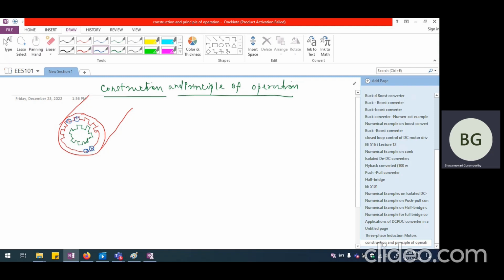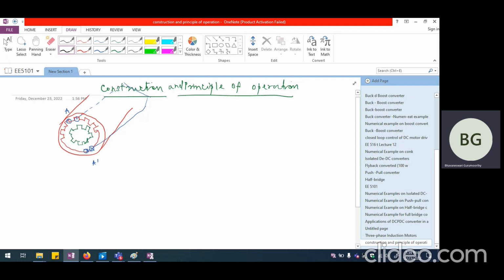You can imagine that the conductor goes like this, turns around, and comes back through this cross. Like this, you are going to have the turns. We have shown here 2 turns of A phase. Let us say this is A and this is A dash, which is the return path.